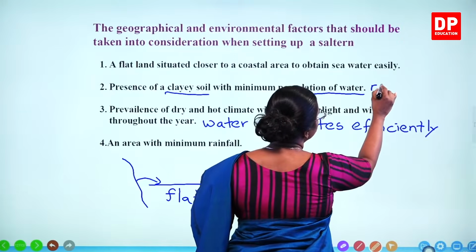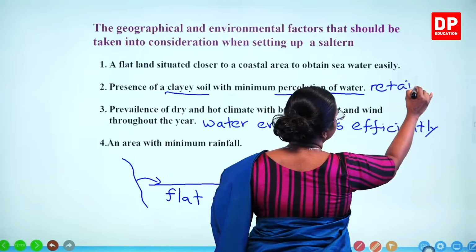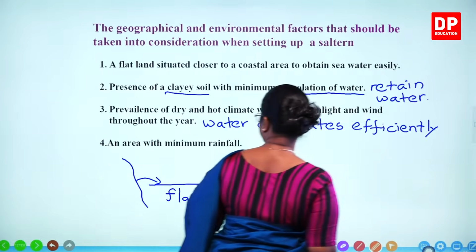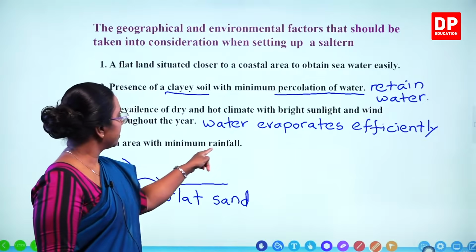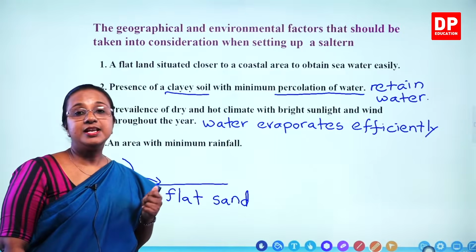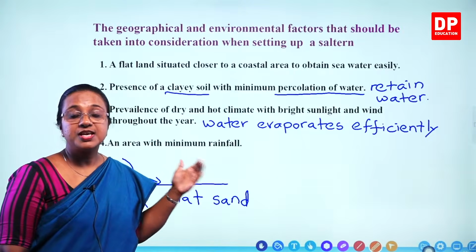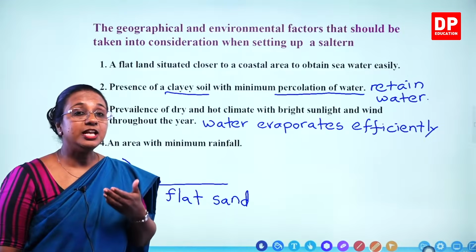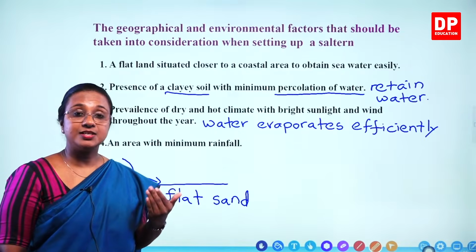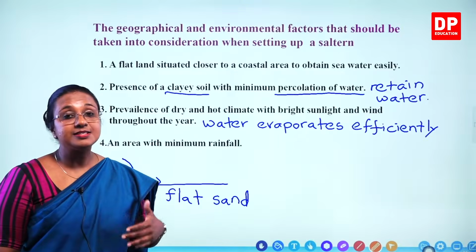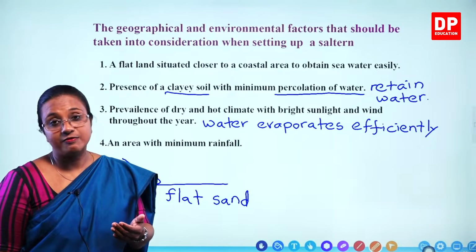And this is to retain water. An area with minimum rainfall. As we already discussed, this process depends on crystallization. For that, we need to remove the solvent, that is water, from seawater, and we need to increase the concentration of seawater.